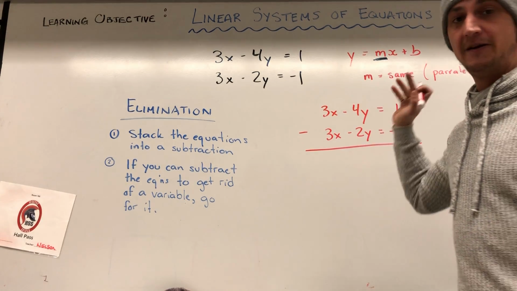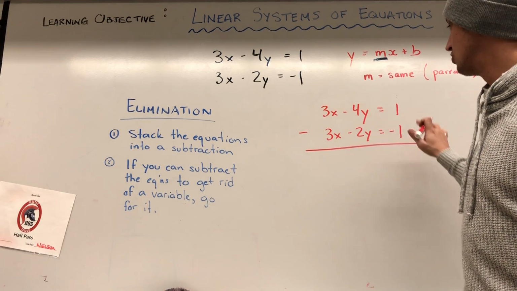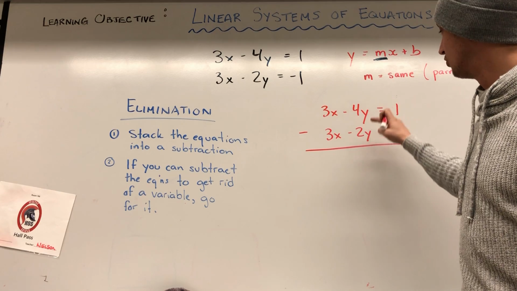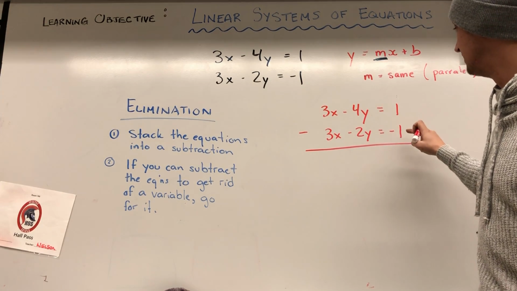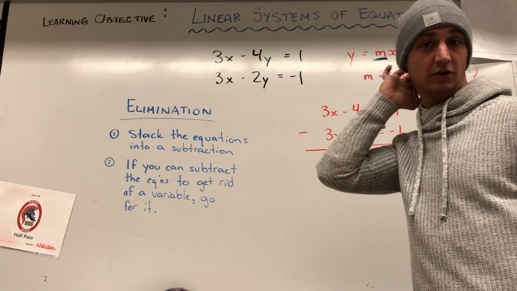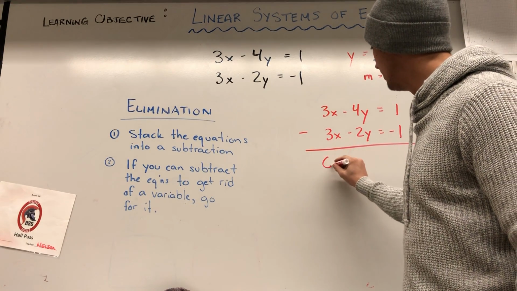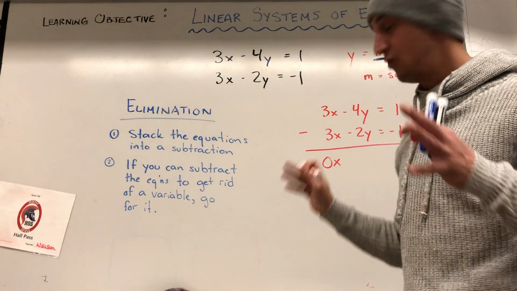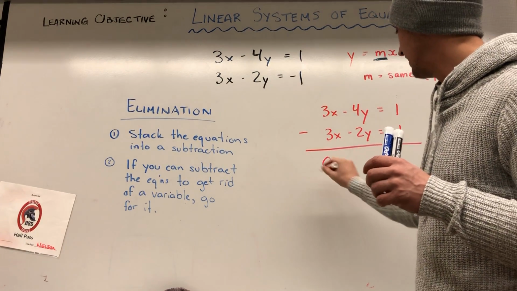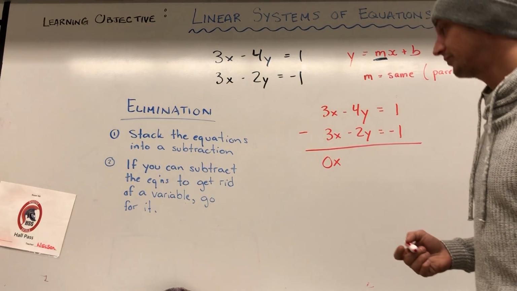In this case, if I subtracted these two equations, 3x minus 3x, and negative 4y minus negative 2y, 1 minus negative 1, will I get rid of a variable? Yes. 3x minus 3x will leave me with 0x. That is what I want. I want to get rid of one of my variables so that I have 0 when the subtraction is done.